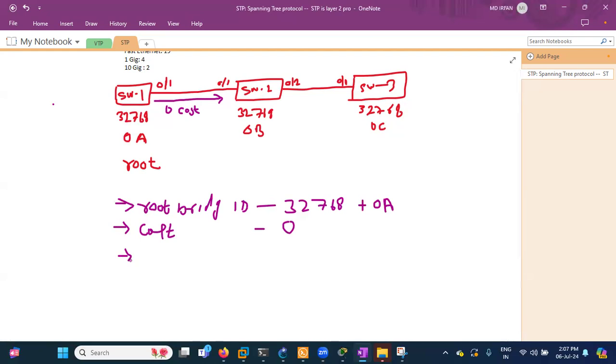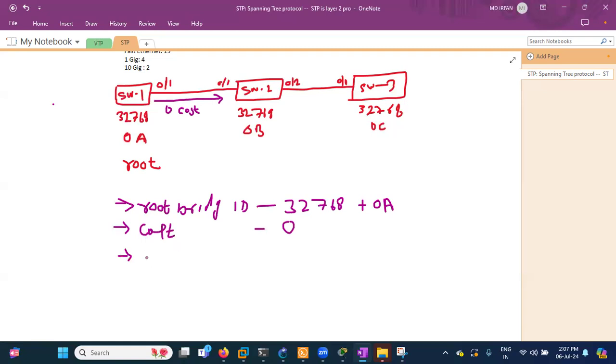designated port ID. As this switch is sending the information, we have two terms, designated bridge ID and root bridge ID. The switch's own information is known as the designated bridge ID.